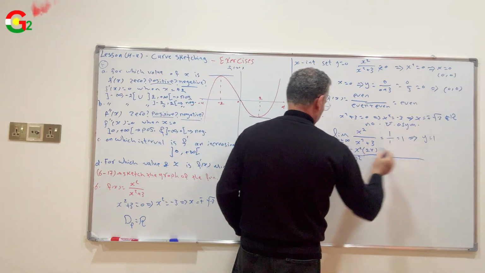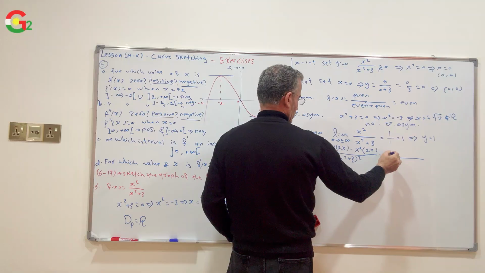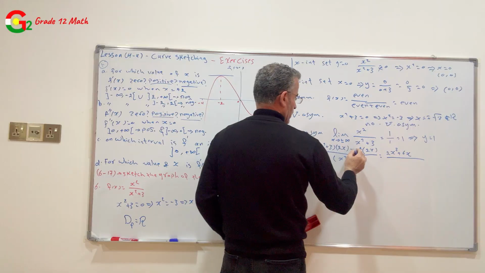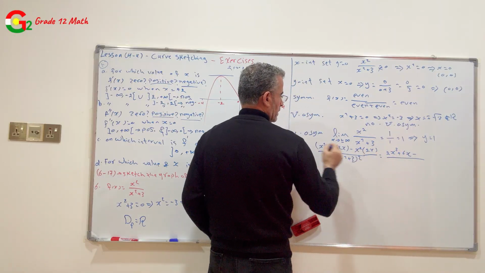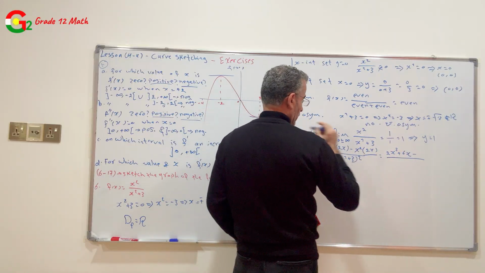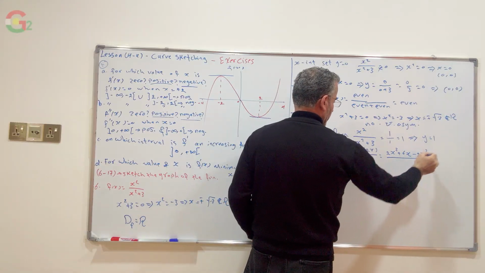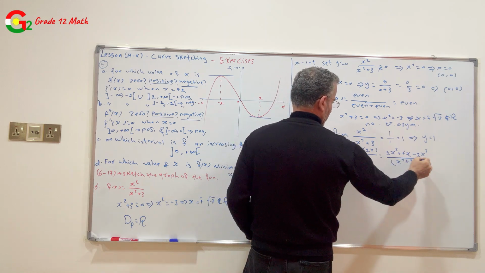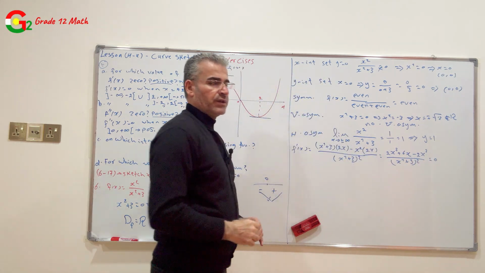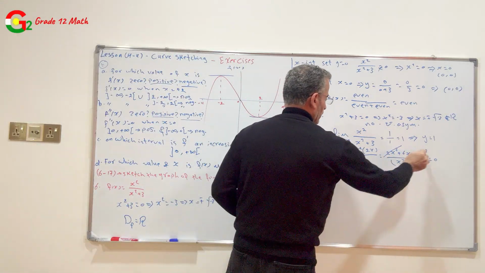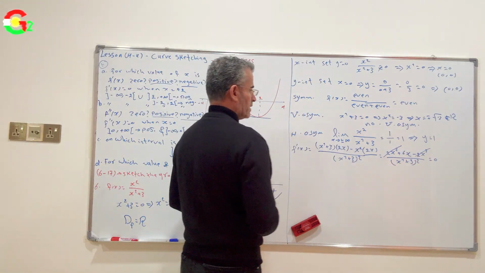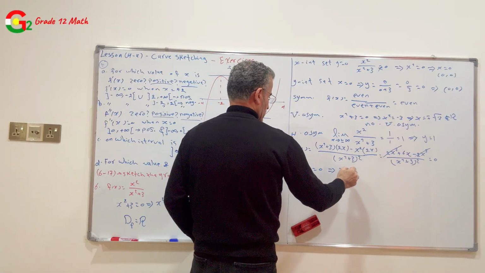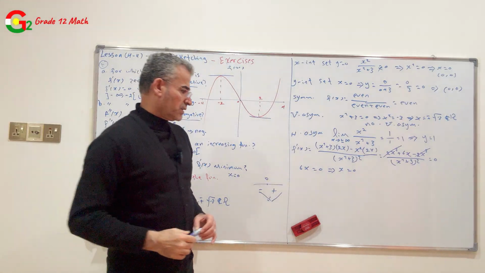Simplify this derivative: 2x times x power 2 is 2x power 3, 2x times 3 is 6x, minus 2x times x power 2, 2x power 3, over x power 2 plus 3 squared. Set it equal to 0 to find the critical point. Remove 2x power 3 with negative 2x power 3. Then 6x equals 0. X equals 0 is a critical point for this function.